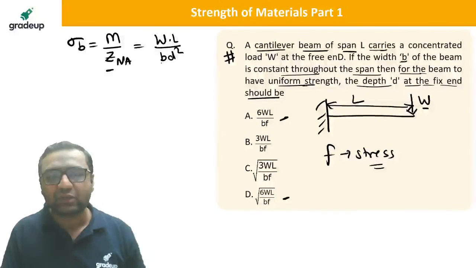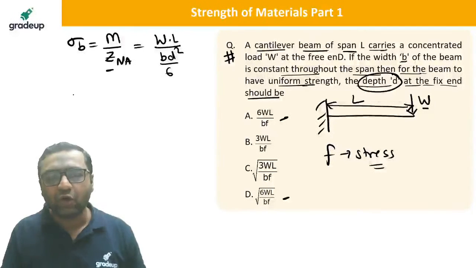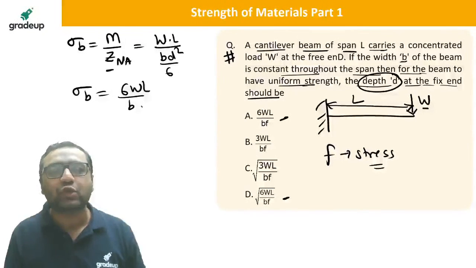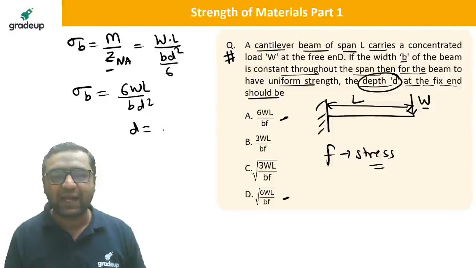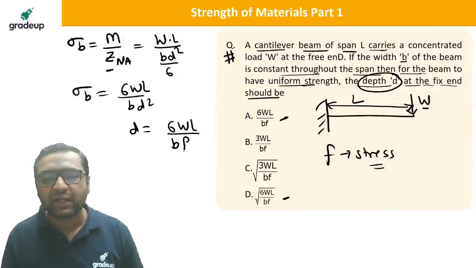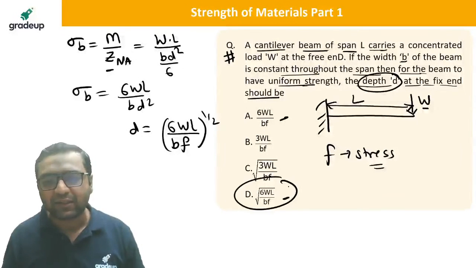You need to find the expression for D. So you will write sigma b equals 6WL upon BD square. Then D will be given as the square root of 6WL upon B F, and stress is represented by F. So answer D is correct.